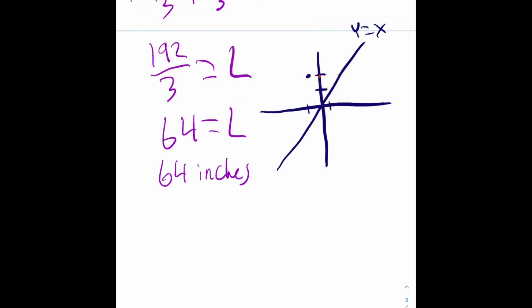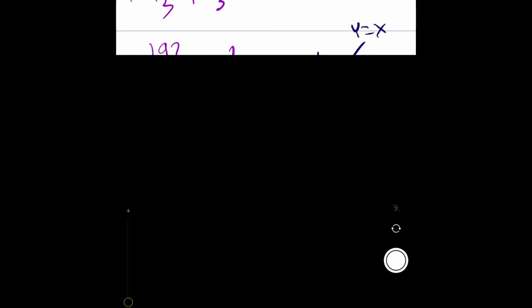So I would say, okay, this is 1, 2, so I would go 1, 2 right here, and then I would have to go down 2 units as well. So this would be my inverse, right here between this point and this point, because it follows the line y equals x. But you can also see that with some non-linear lines.